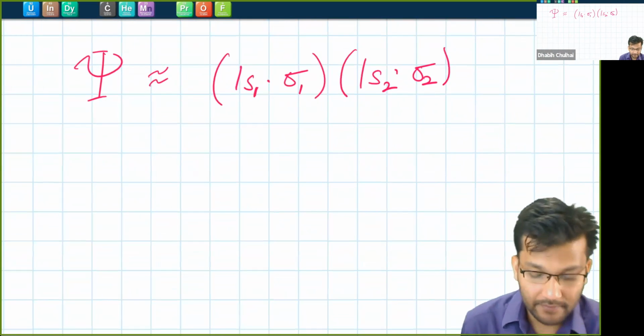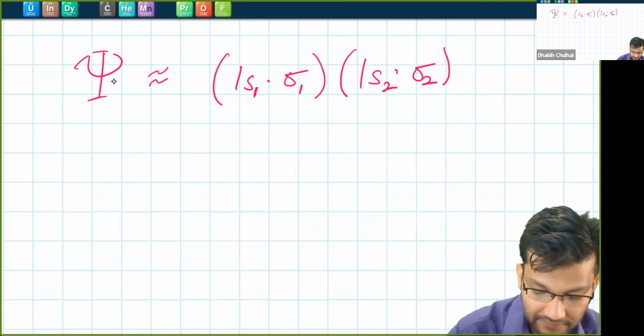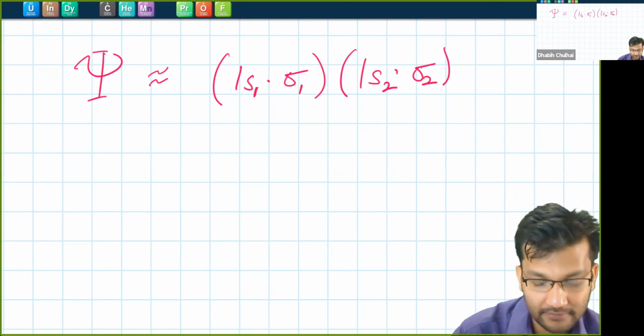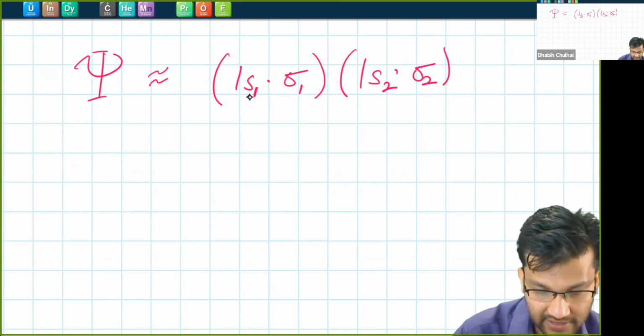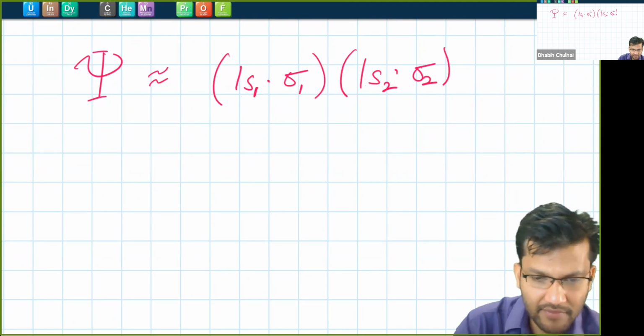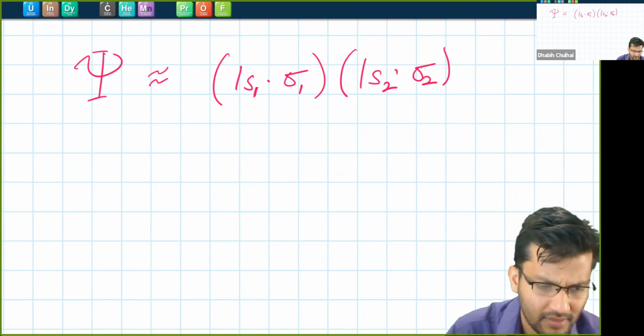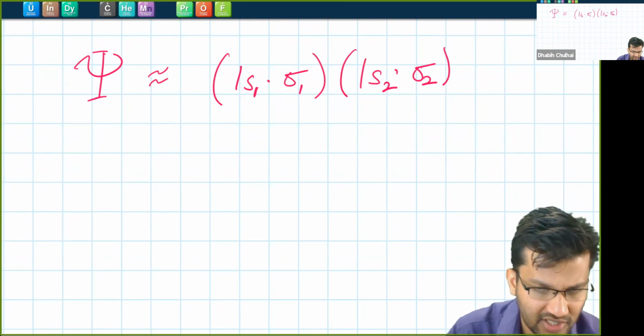So there we have it. The wave function for helium atom will be a 1s wave function for an electron times the spin part, multiplied by the 1s wave function for the second electron times the spin part. And we can stop there, right? We'll be like, oh yeah, in a helium atom the electrons are in the 1s orbital.